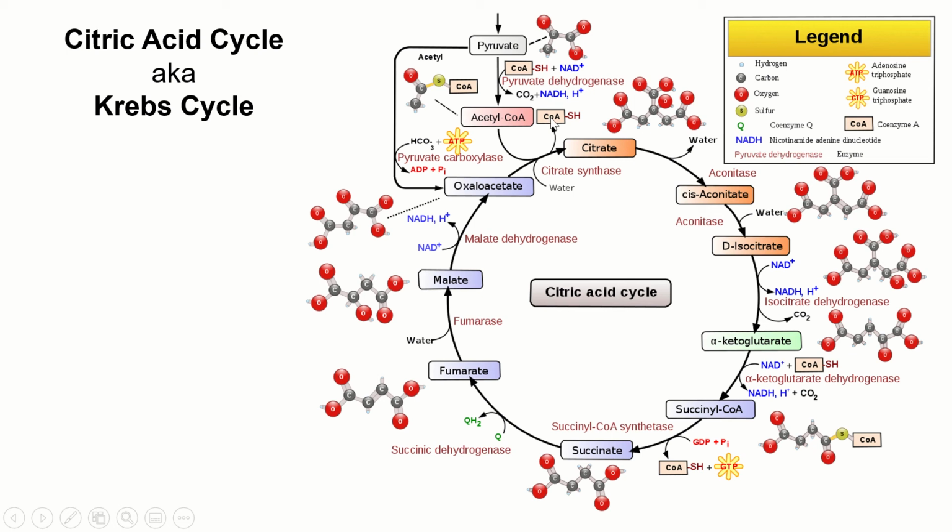And then the coenzyme A is released and can go back to bind to another acetyl group. Okay, so that's just a little circle that happens. So the citric acid cycle is going to start with this citrate. Notice that we did add water here, so you do need to have water to do this process. It is also going to produce water at several places. So water goes in and out throughout this process.